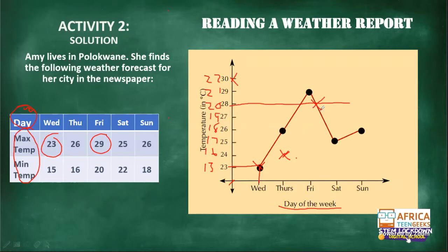Oh no, it goes up still more. 22 will be over here. And then 18 again. Just want to make sure I put it on the right spaces. Sunday, 18 over here.